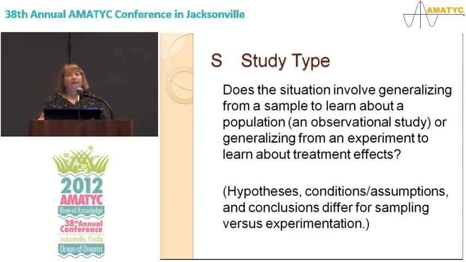The emphasis on the difference between sampling situations and data that comes from experiments is something that, I would say 15 years ago, we just totally ignored. We introduced statistical inference as what you do when you want to generalize from a sample to the population from which the sample was selected. We talked about comparing 2 populations.